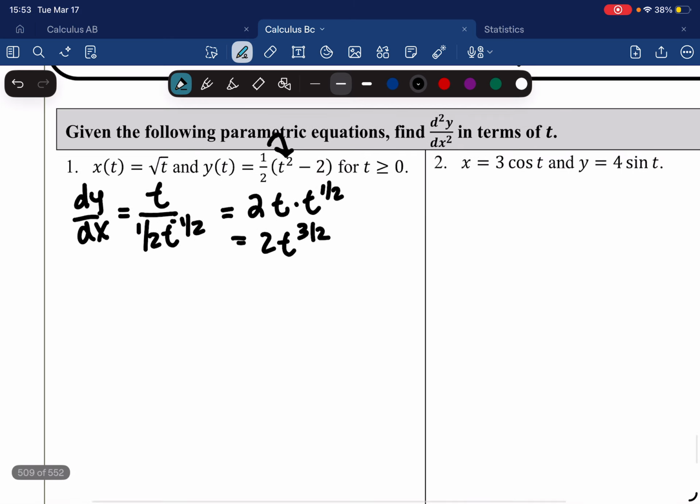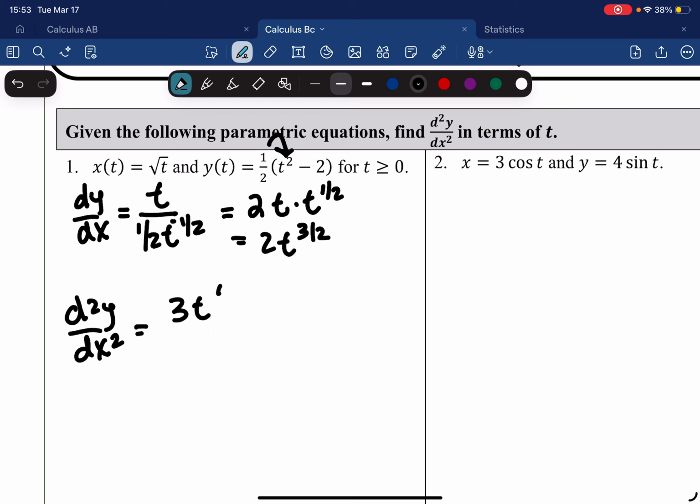So that's my first derivative. Then my second derivative is going to be the derivative of my first, so the derivative of 2t to the 3/2, which is 3t to the 1/2, divided by, again, the derivative of x, which we already found is 1/2 t to the negative 1/2.